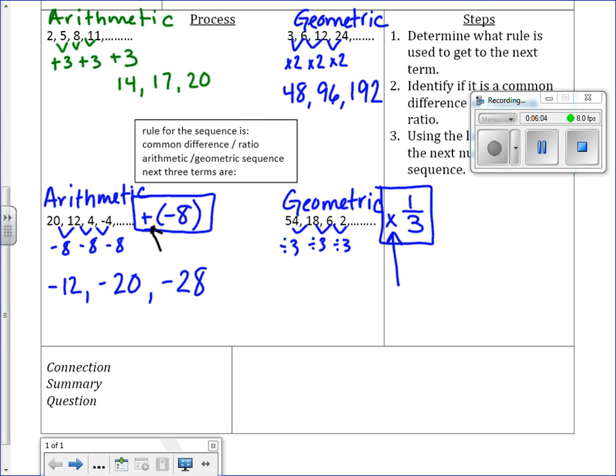So now I'm going to say 2 divided by 3, and I'm going to leave it as 2/3. Okay, and 2/3 divided by 3, or I could say 0.6 repeating. And then I could say the next one is going to be 2/9, or 0.2 repeating.